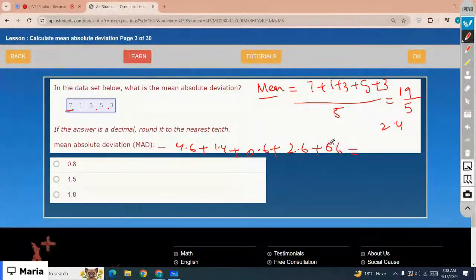Just add them all and divide by the 5. That is 4.6 plus 1.4 plus 0.6 plus 2.6 plus 0.6, that is 9.8 divided by 5. So 9.8 divided by 5 is 1.8. The correct option is 1.8, right?